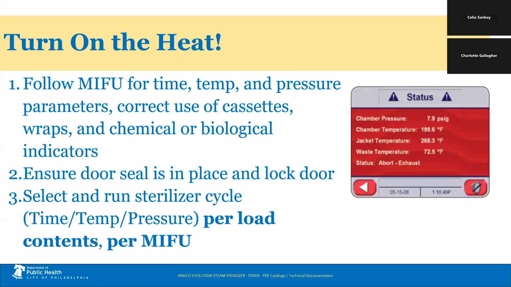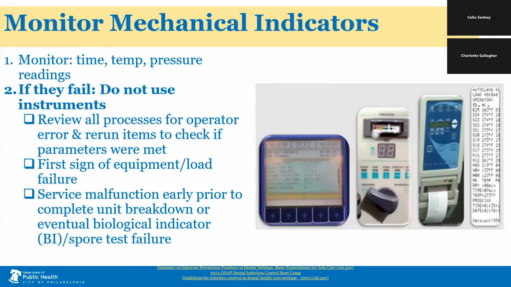Next, the sterilizer is set for the time, temperature, and pressure indicated by the manufacturers. Check the door seal for integrity and fully lock the unit. Of course, then we will run the sterilizer cycle without interruption. As the sterilizer runs, operating staff should watch the mechanical indicators to ensure that the parameters for temperature and pressure are maintained for the accurate amount of time.